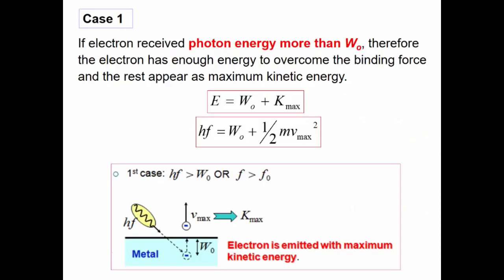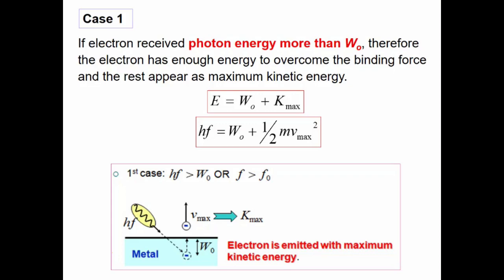Okay, now we look at all the cases or situations whenever an EM radiation shines onto a metallic surface. Remember that a photon is a packet of energy in EM radiation. In this first case, if the electron receives photon energy more than the work function of that metal, the electron has enough energy to overcome the binding force and the extra would appear as the maximum kinetic energy gained by the photoelectron.